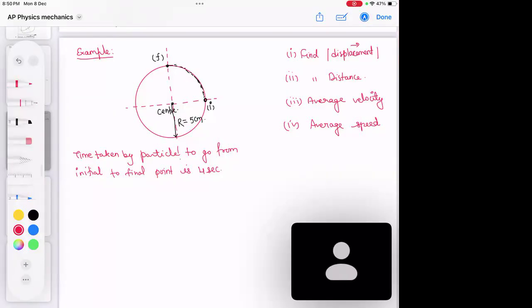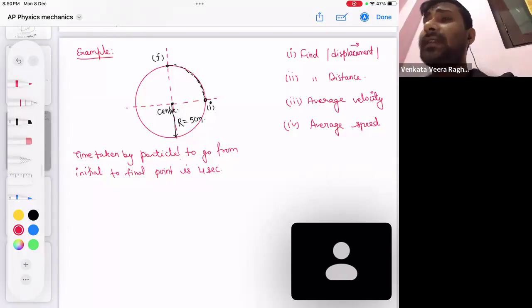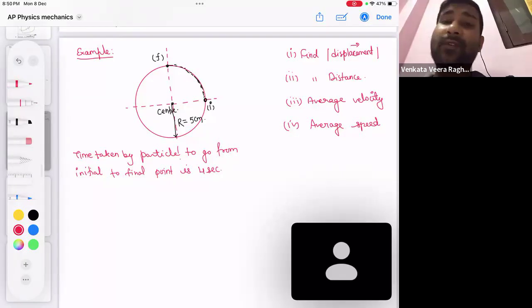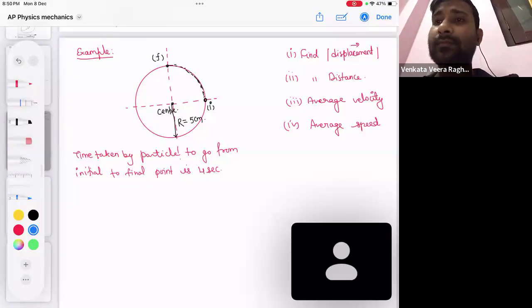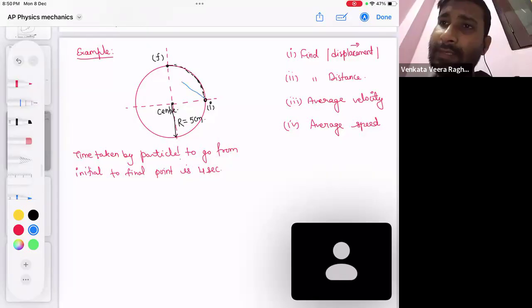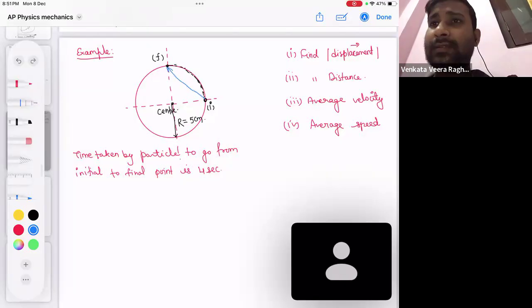Is the path important for calculation of displacement? No, sir. Only the shortest distance between initial and final is important. And is that distance nothing but the straight line distance? Yes, sir.